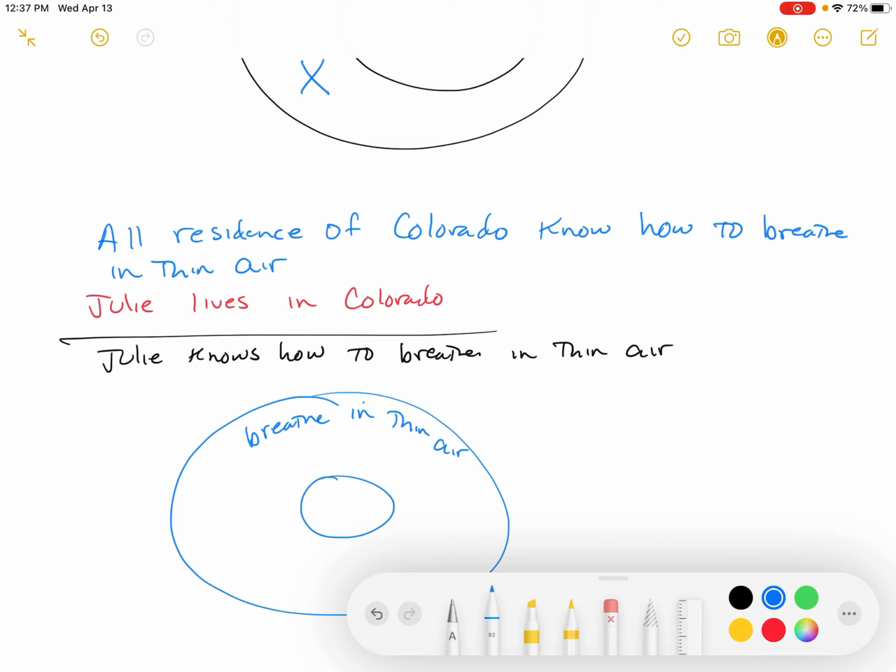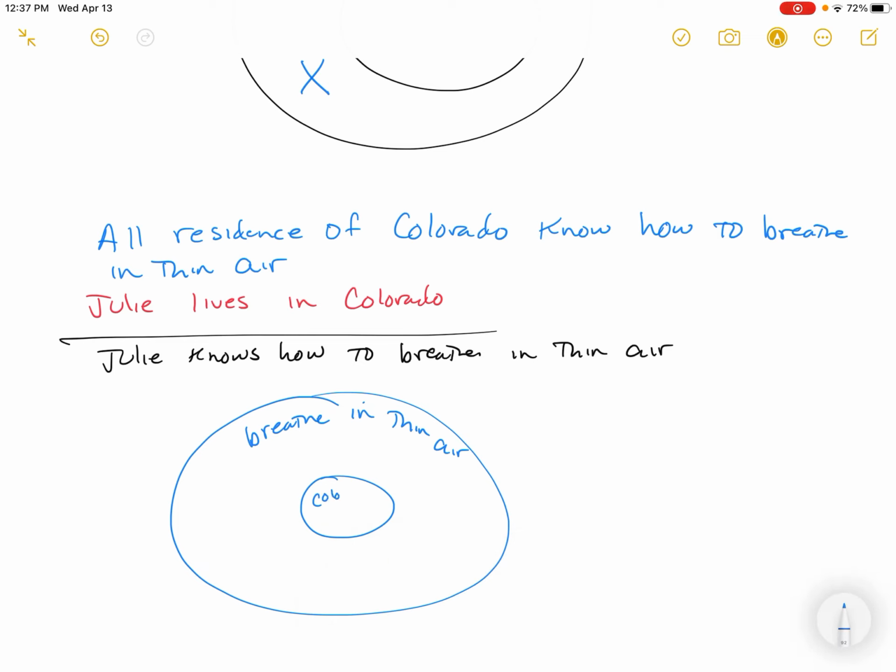And what we have here in the middle, I'll keep it in blue, is Colorado. Colorado, you know how to breathe in thin air, right? Other places too, you would know how to breathe in thin air, right? If we lived in Nepal, which has Mount Everest as part of it, we would know how to breathe in thin air. So there's other things within this breathe in thin air thing. We're just focused on Colorado.